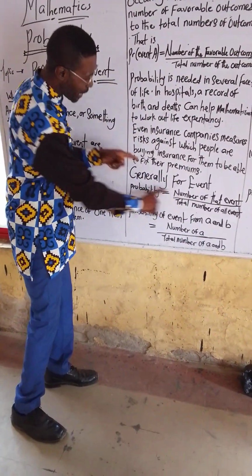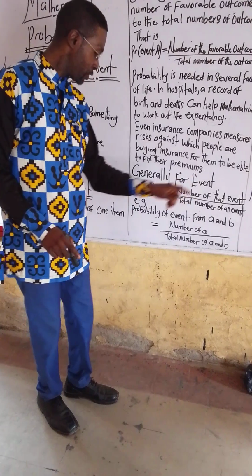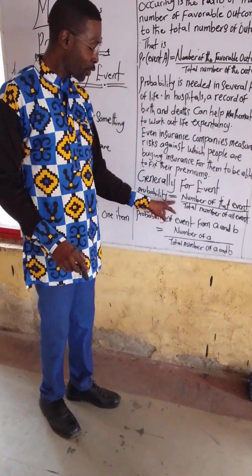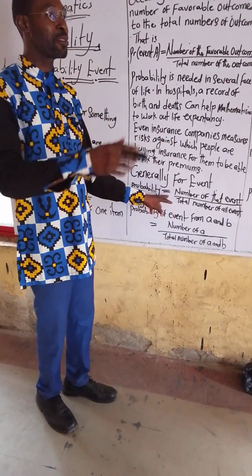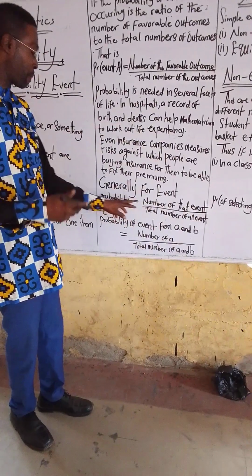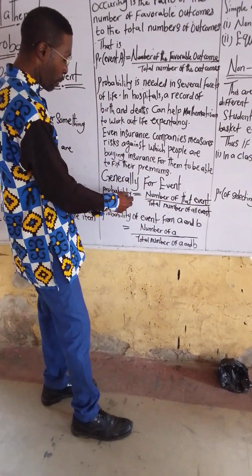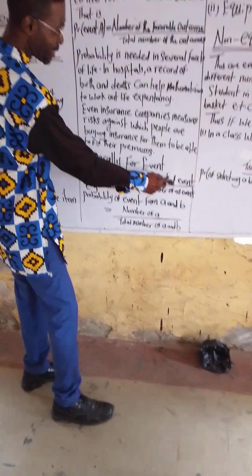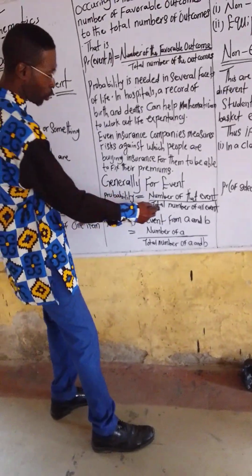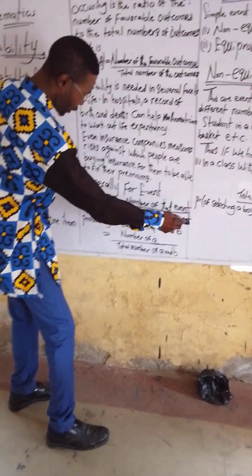Now, generally for an event, probability is equal to, everybody knows the general event. So I'm giving you the generalization of the formula. Generally for an event, probability is equal to the number of that event over the total number of all events.